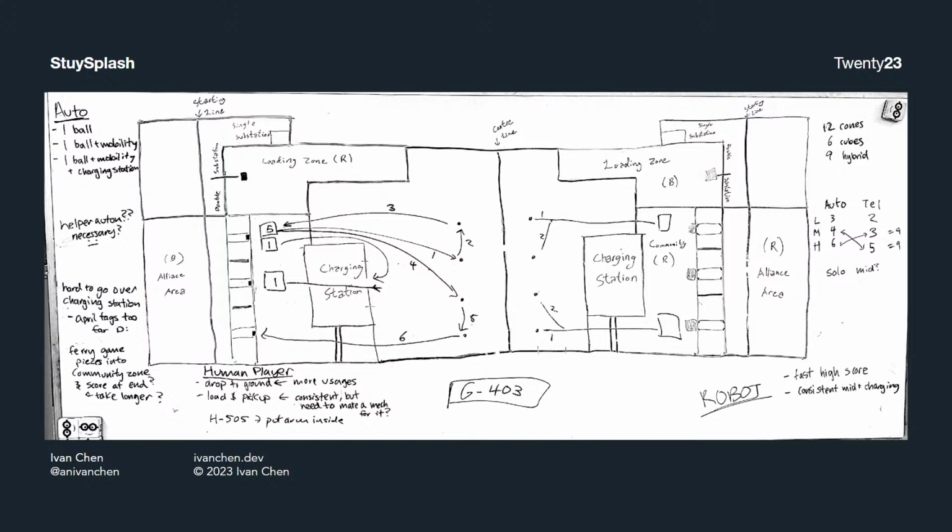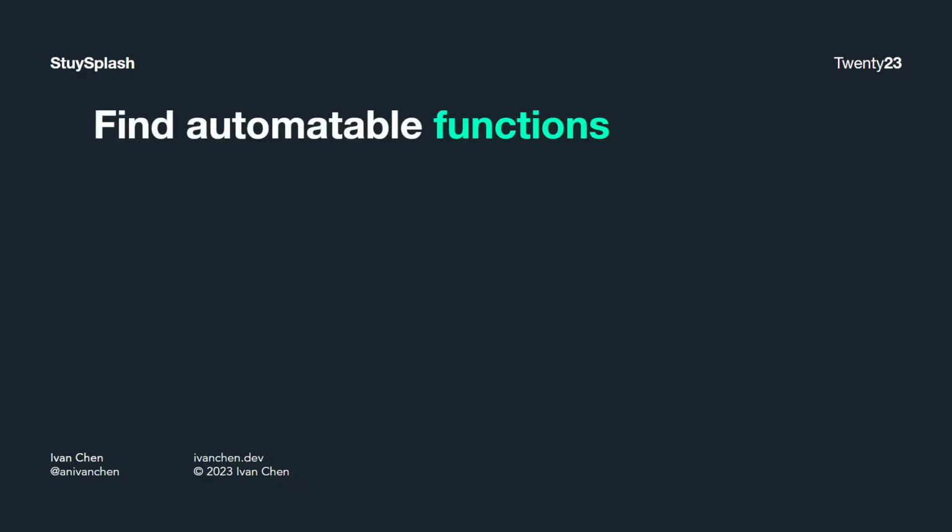By simulating these things, you can actually better visualize everything, and you'll be able to see what's possible and just guess what you might be able to do. And so there are some more complex systems or functions for your robot that can be automated, like turrets, game piece indexing, or following paths.